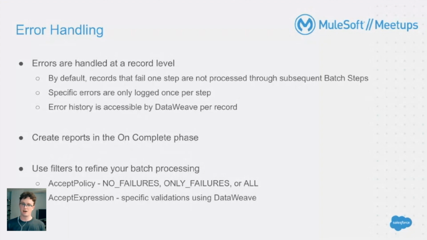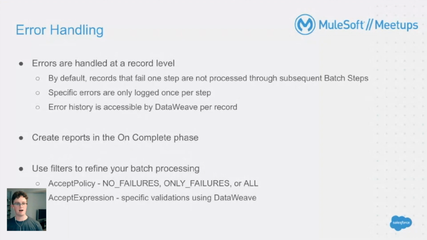And if you want failures to just continue through as normal, you can use that all accept policy, where failures and non-failures just continue through. If you want to get more specific, if you want to set up some more filters, you can use the accept expression, which does specific validations.